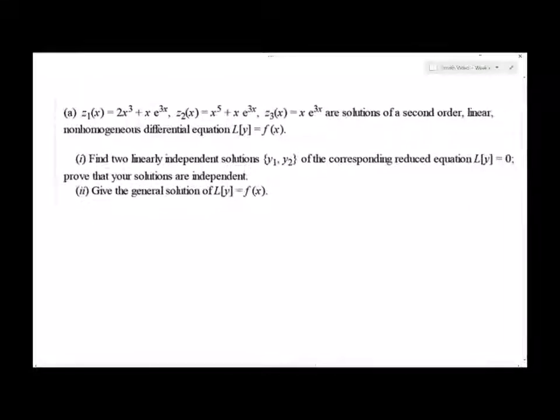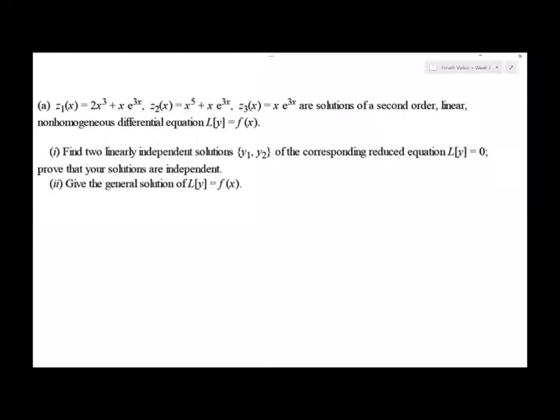Let's just do another one real quick. So remember, everything that's repeated is going to be our actual particular solution. So z is x e to the 3x because that's the only thing that's repeated every time, and our y1 then is everything that's not repeated, so x cubed, and our y2 is going to be x to the 5th.